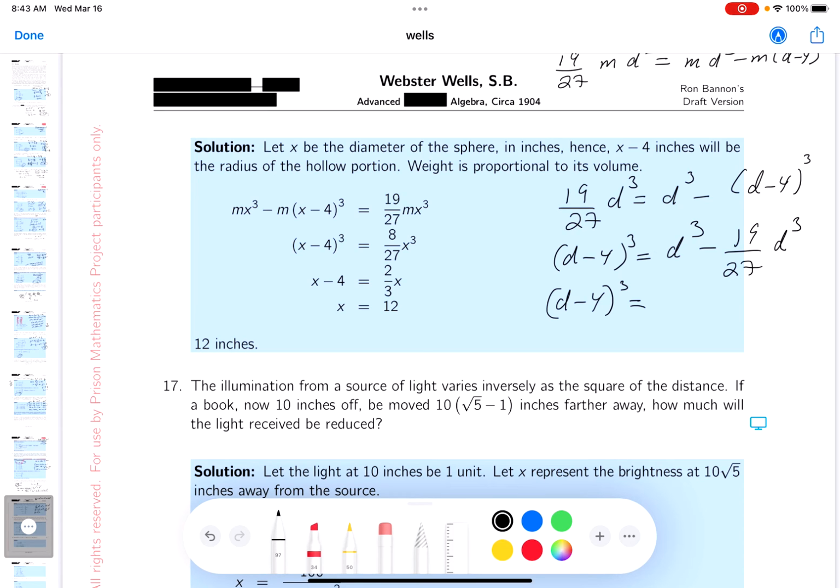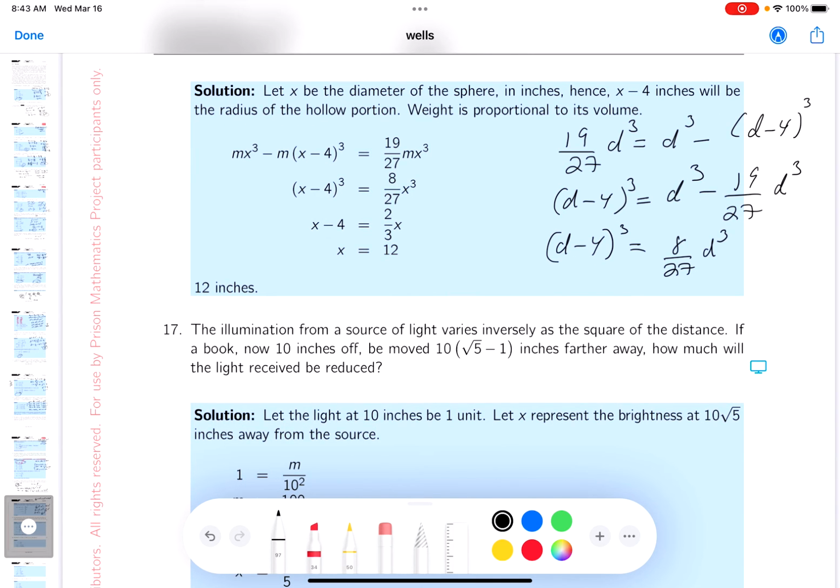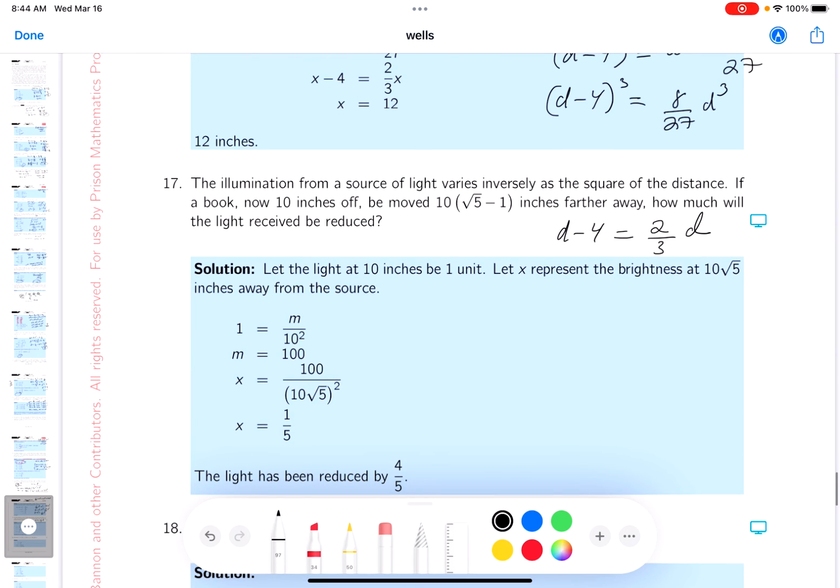You're going to get what? 27 minus 19, which is 8/27ths d cubed. All right, I'm not going to expand it, by the way. I know they're both cubes, right? So I'm going to say d minus 4 is going to be equal to, I'm taking the cube root essentially, 2/3 of a d. So what do I get? I get 1/3 of a d is equal to 4, or d is equal to 12.